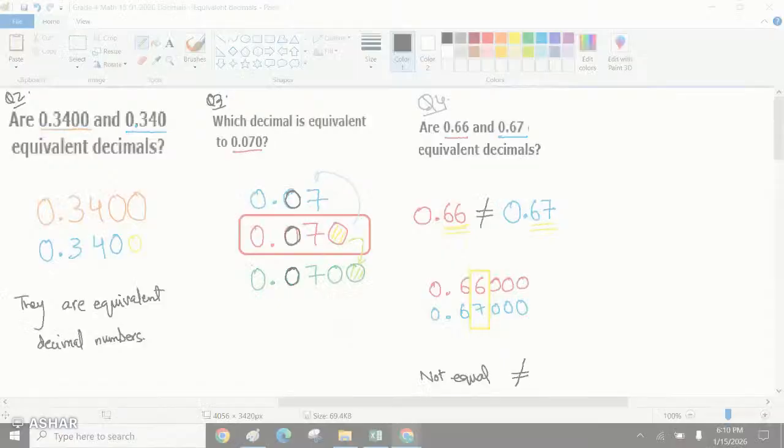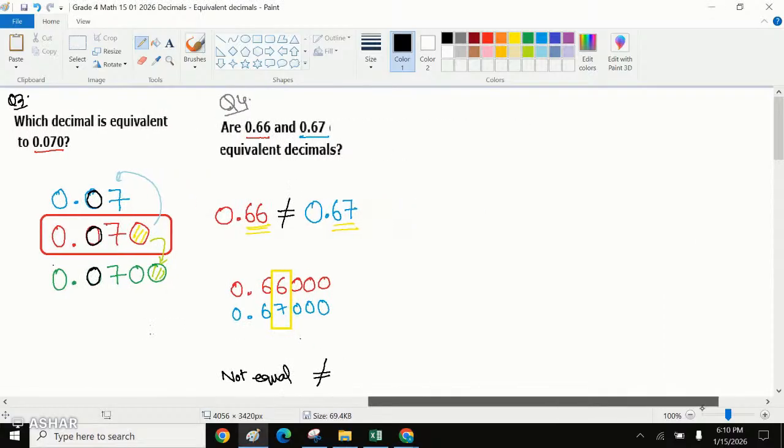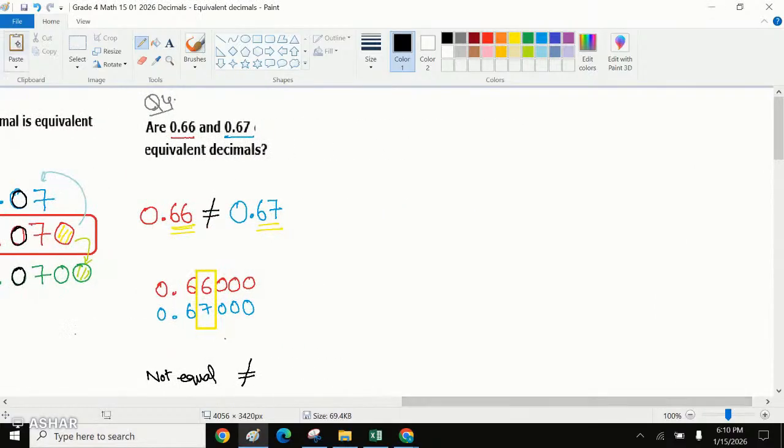For the next question, they are saying which decimal number is an equivalent number to this given number. Okay, so let's see what we can do over here. If this number is given to us, equivalent to this given number. Question number 5.